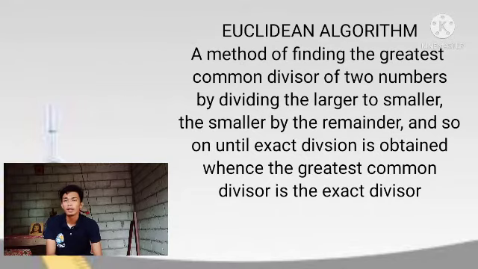A method of finding the greatest common divisor of two numbers by dividing the larger by the smaller, then the divisor by the remainder, and so on, until exact division is obtained, whence the greatest common divisor is the exact divisor. That we call the Euclidean algorithm.